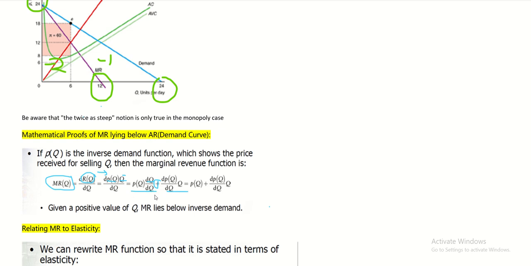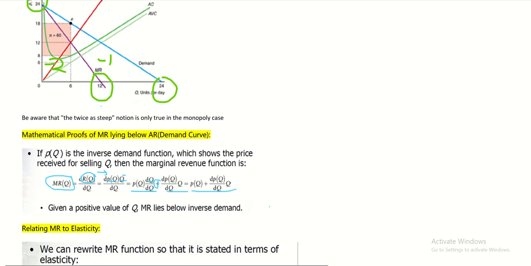If you haven't taken calc before, you can refer to some websites which will explain to you what a chain rule actually is. So that comes down to P plus dP/dQ times Q.